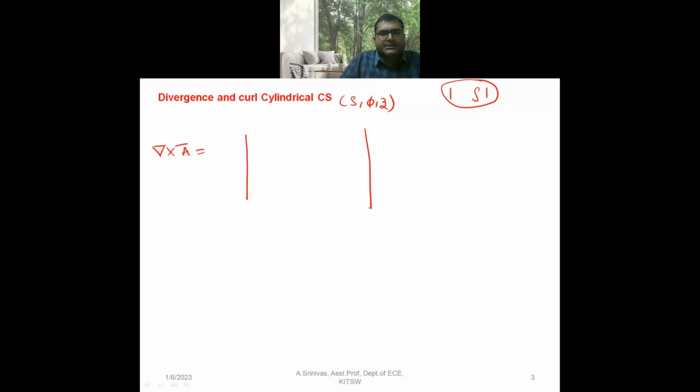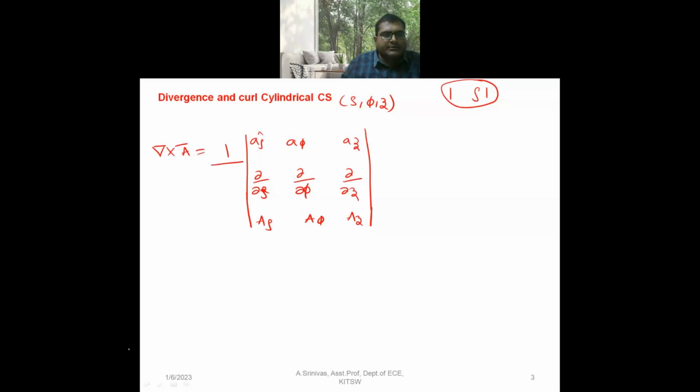Once again, apply the same concept here. A rho, A phi, A z, dou by dou rho, dou by dou phi, dou by dou z. The vector components are A rho, A phi, and A z.